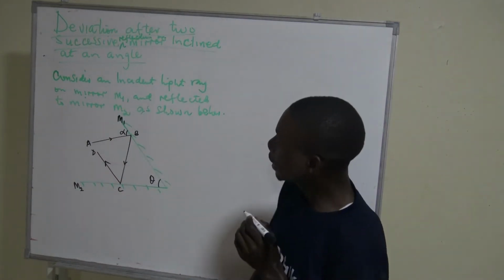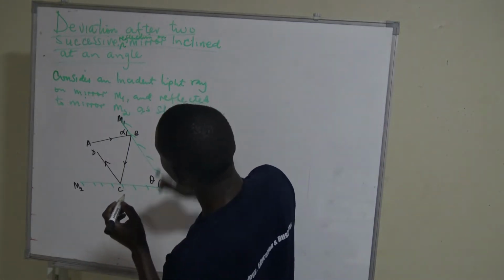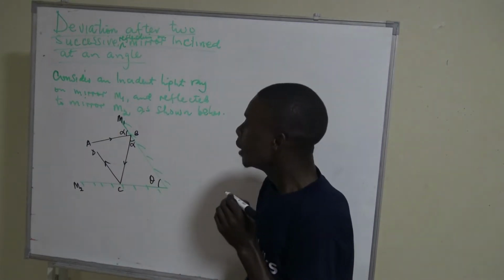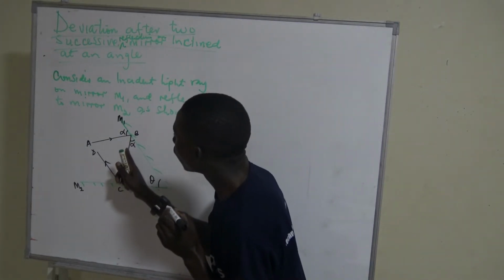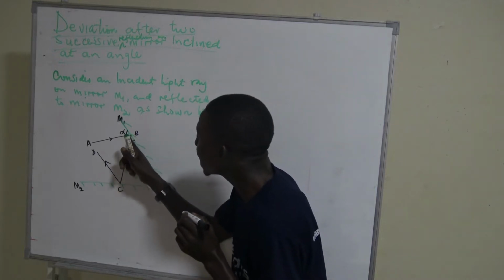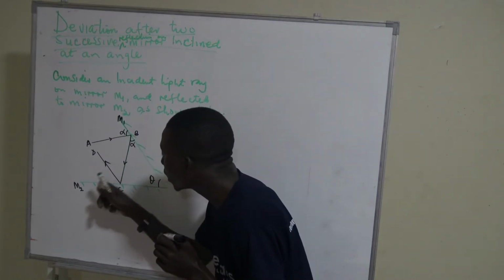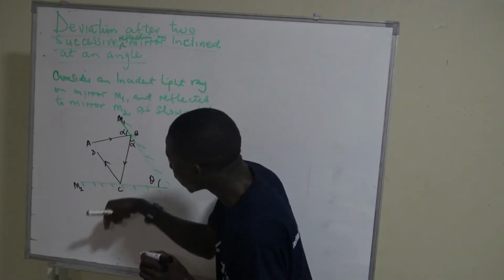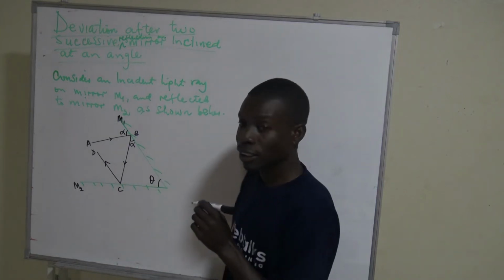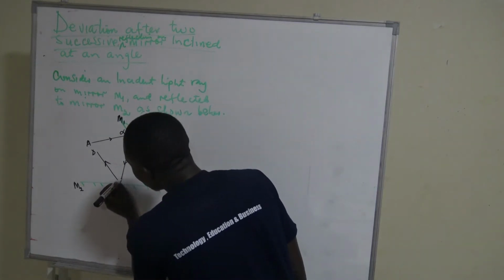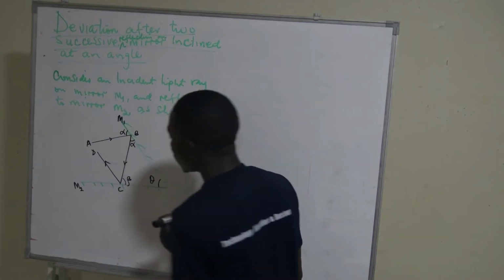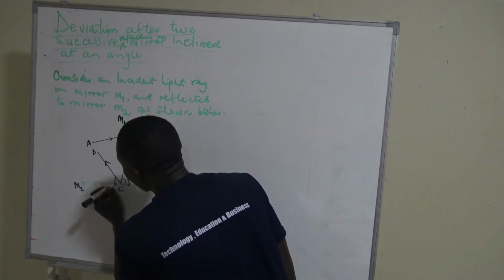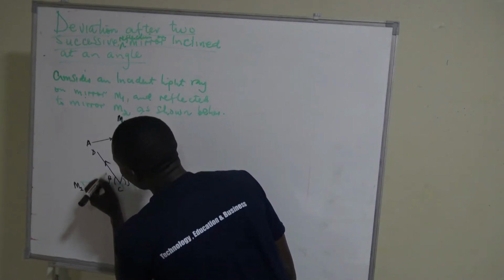And it is very true from our proof that this angle can also be alpha. Is that okay?